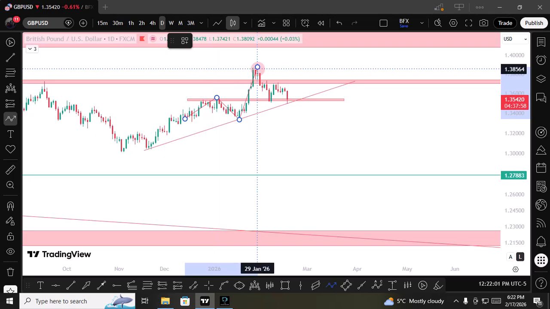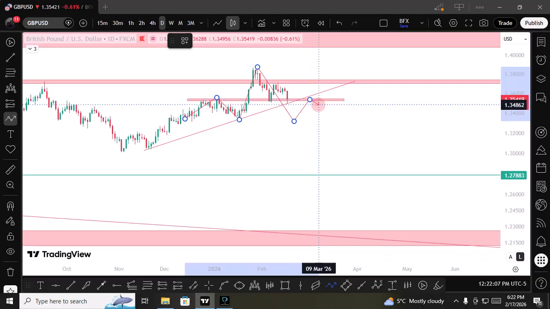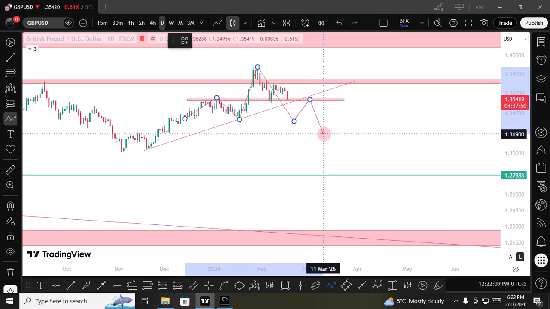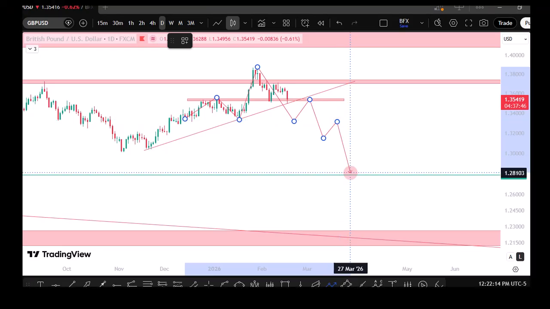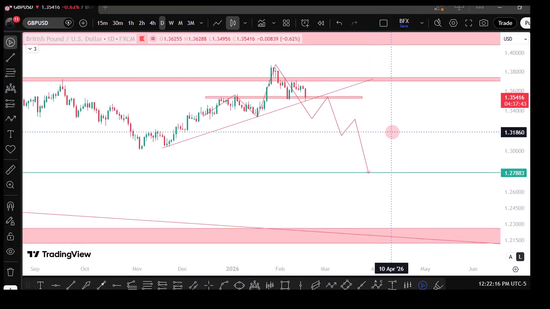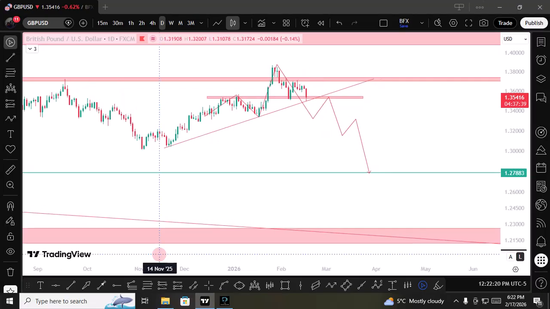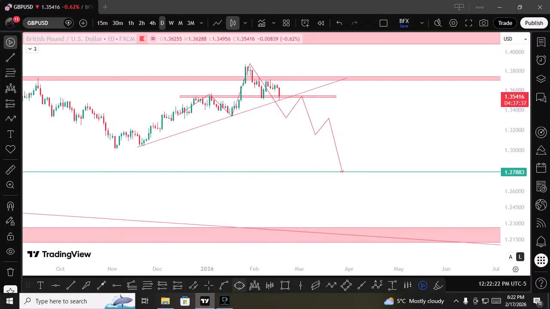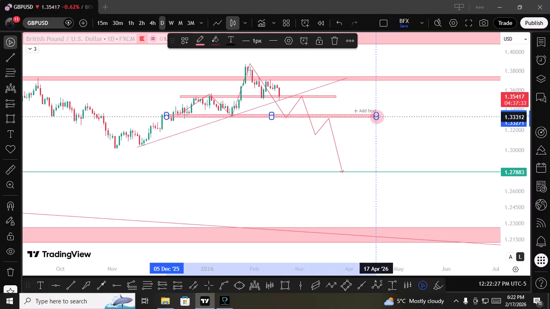Left shoulder, head, then price should break here and come here to do the right shoulder and neckline, then pull back to test the neckline before we see this move. This is what I'm trying to look at. So this place will be the neckline. This area will be the neckline. This is the daily time frame.